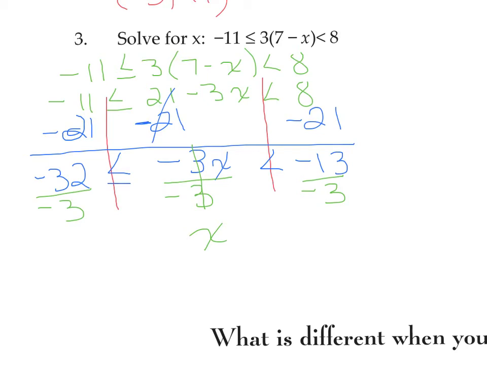So these are now greater than. This, of course, a negative divided by a negative makes a positive. So this would be positive 13 over 3. And over here, negative divided by negative makes positive again, 32 over 3. Of course, you would want to simplify those fractions if they could be simplified.